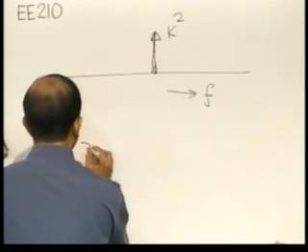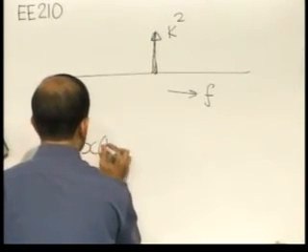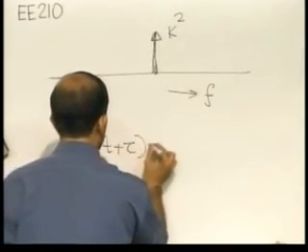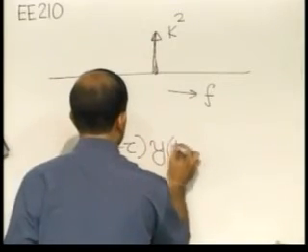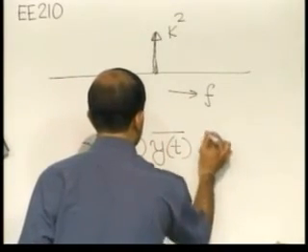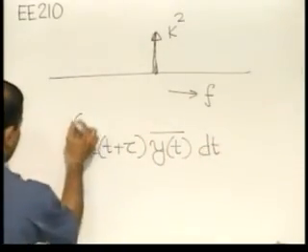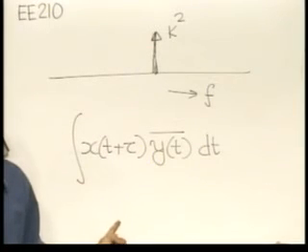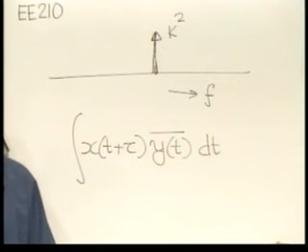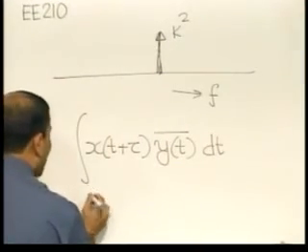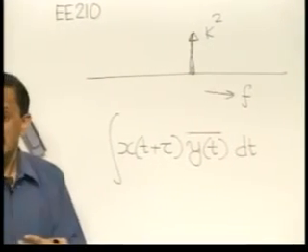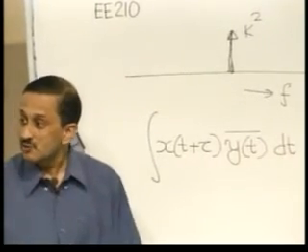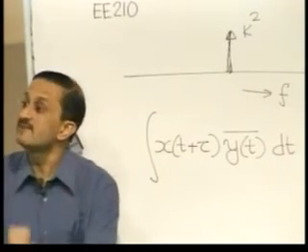So you can define the cross correlation x(t plus tau) y bar (t) dt, but here the integral is not over all time but over the common period t. It doesn't matter which common period. Because the functions are periodic, it could be any continuous interval of t.